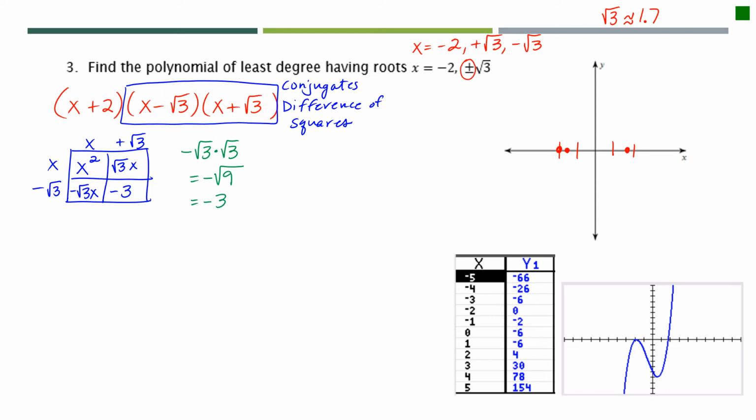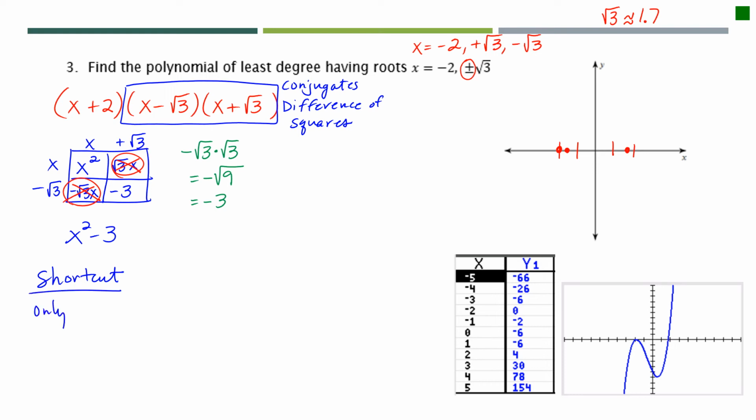All right, now what's happening here is that these two terms are exactly the same but with opposite signs. So they actually ended up canceling each other out, and all you have left is x squared minus 3.